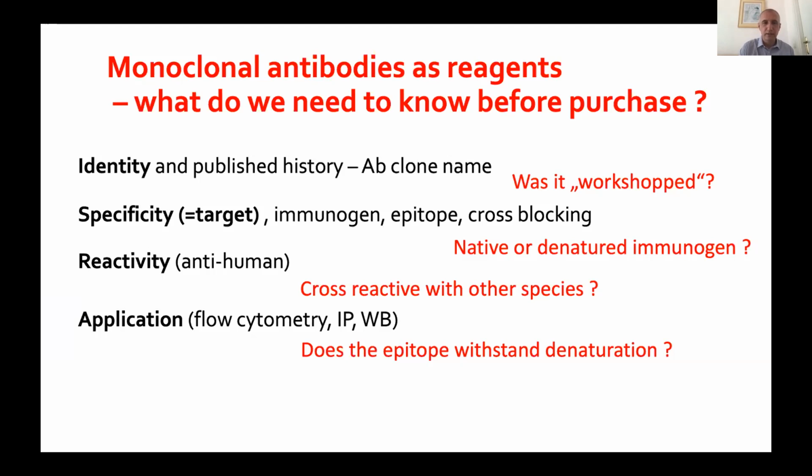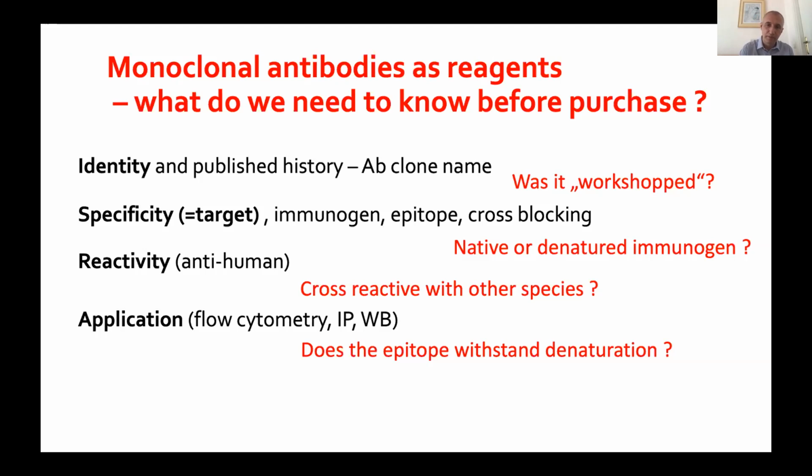Specificity means that we know what is the target of that antibody. In the old days, it was typically evaluated in the HLDA workshops. Nowadays, it can be already engineered by using a particular immunogen or epitope, or established by cross-blocking experiments with other antibodies. We also want to know whether the immunogen was native or denatured, because it then gives important information about which type of assay can be used to do the sample preparation.